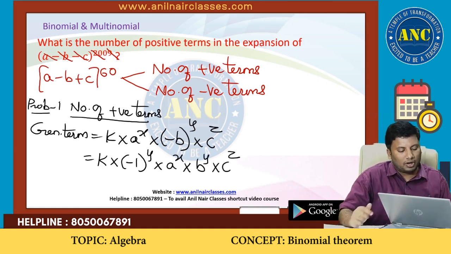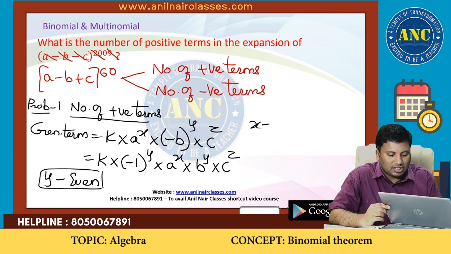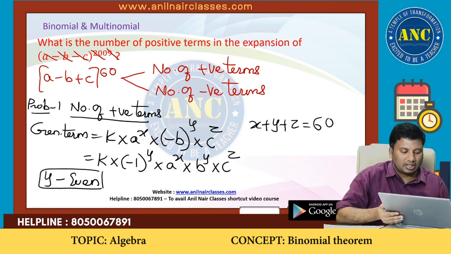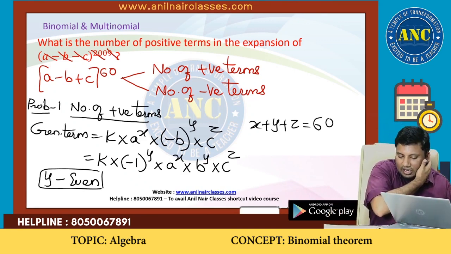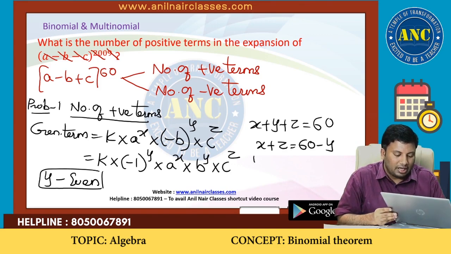I want positive terms. Positive terms is y should be an even number. So x plus y plus z is nothing but 60. Y is an even number. So x plus z is nothing but 60 minus y. If y can be 0, x plus z is nothing but 60.